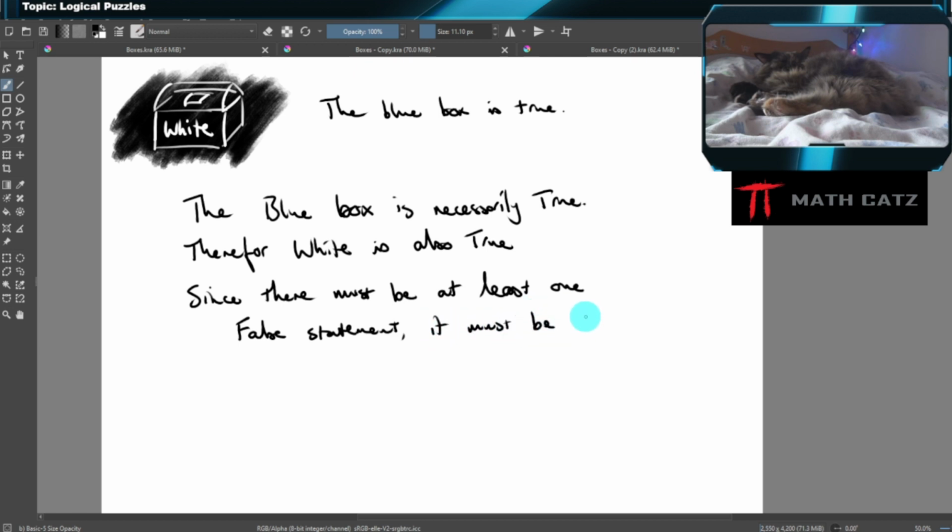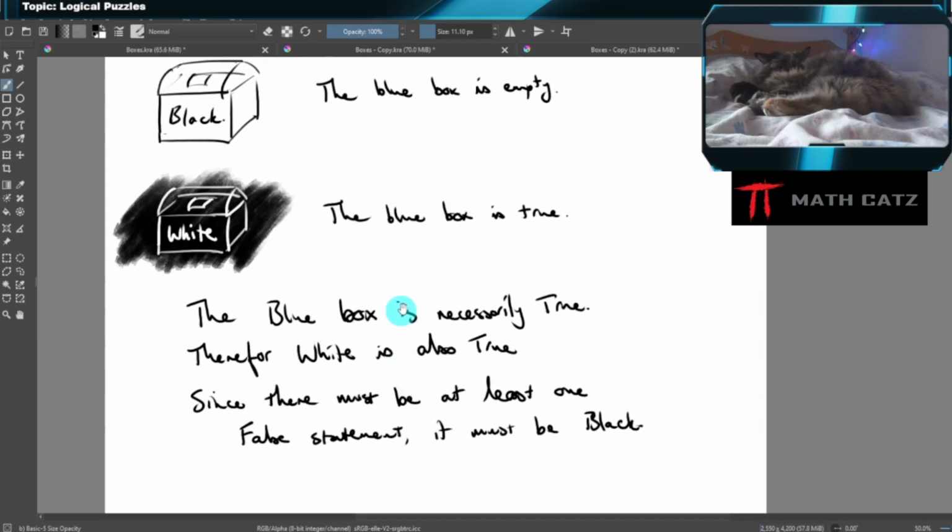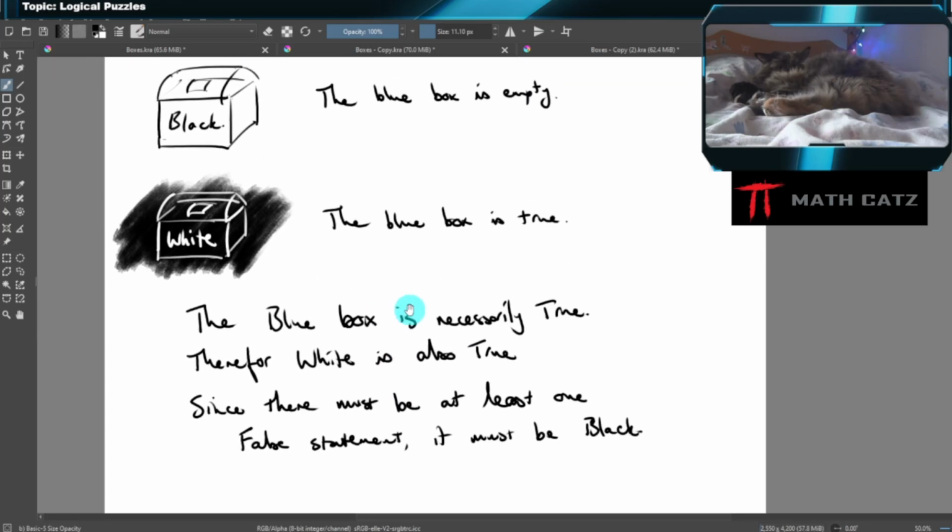It must be the black one. The other two are already true. Black is the only one that's left, and so it has to be false.